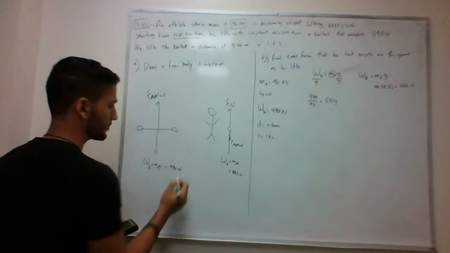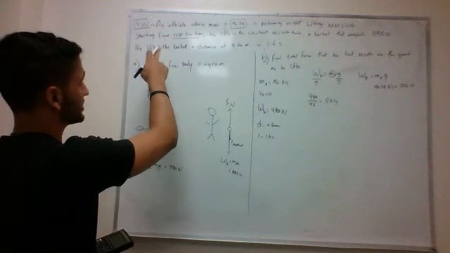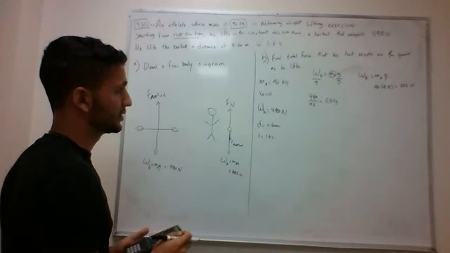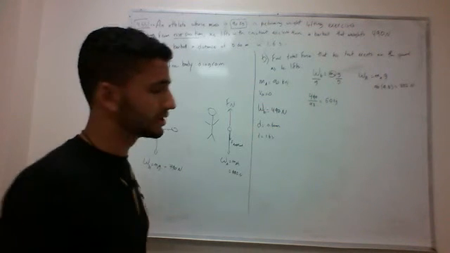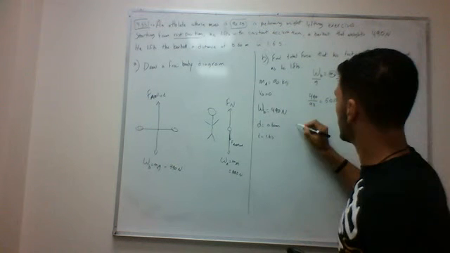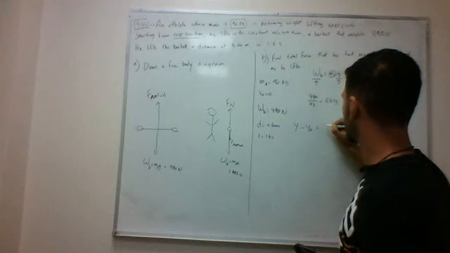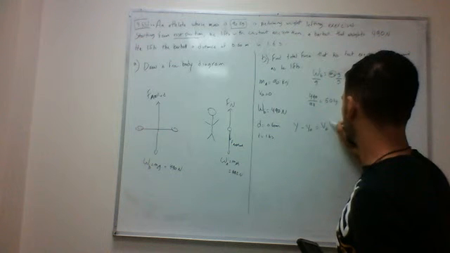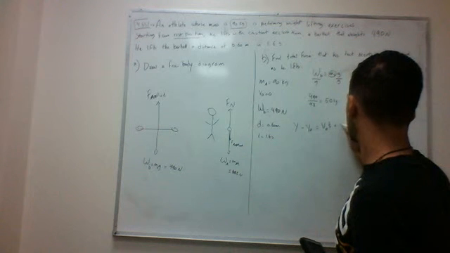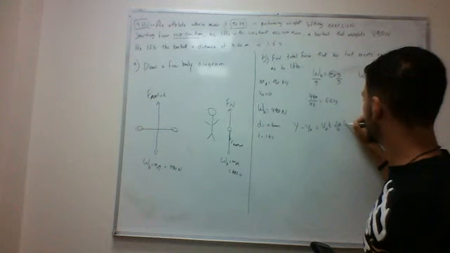Now, as we said, starting from rest and constant acceleration, we can use, not Newton's law, the position formula, which equals y minus y initial equals v initial times t plus 1 over 2 a t squared.